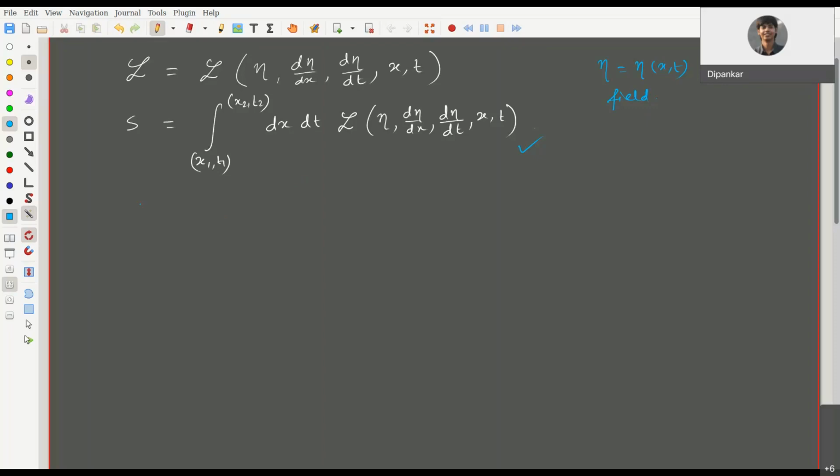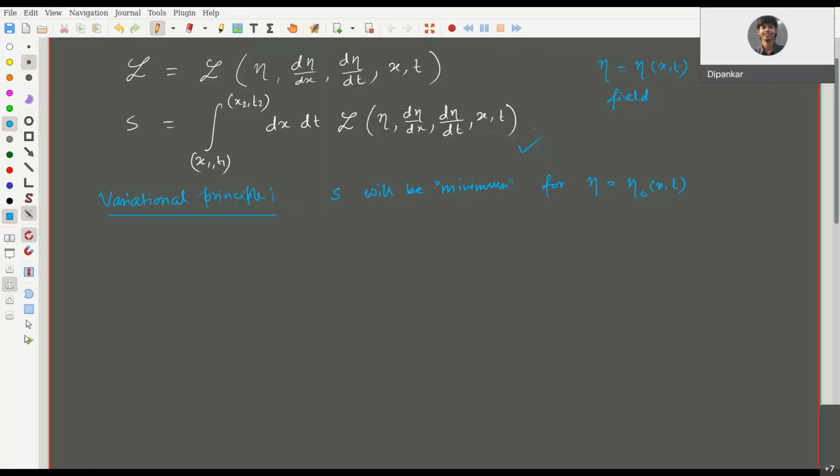So the variational principle. If you want to minimize S, suppose S will be minimum, or extremum actually, for eta equals eta 0 of x, t.